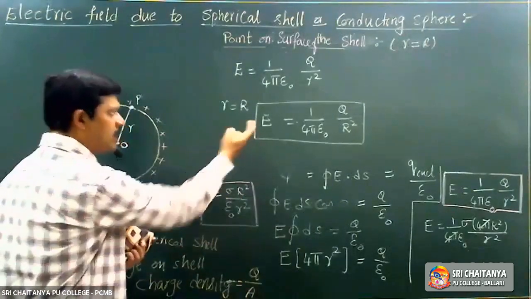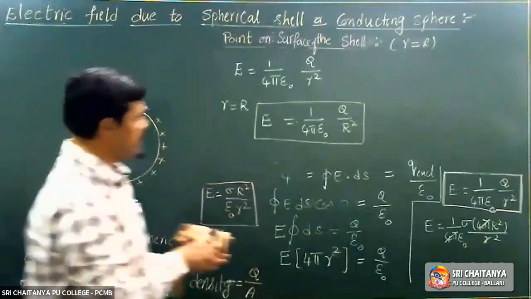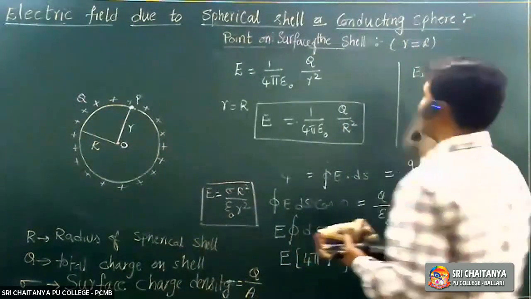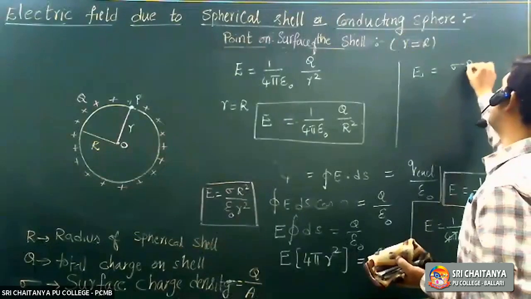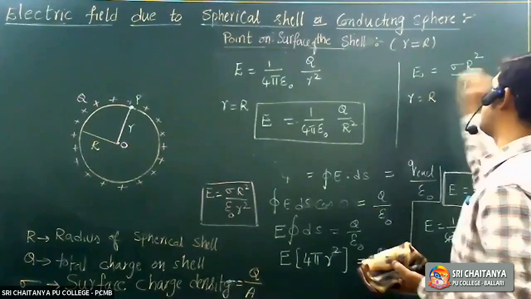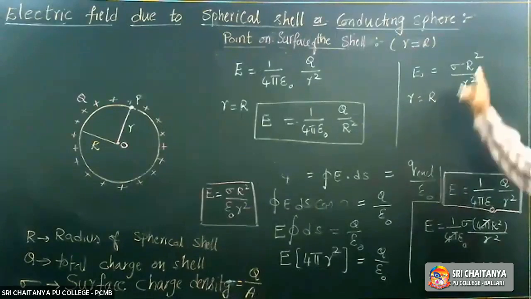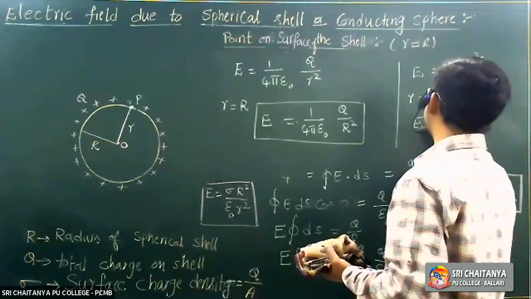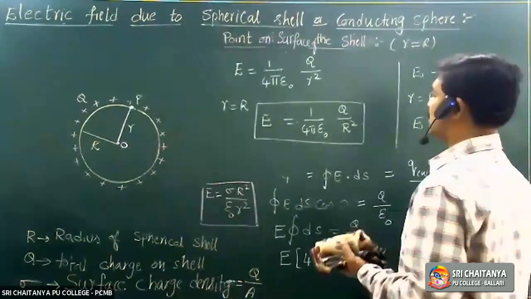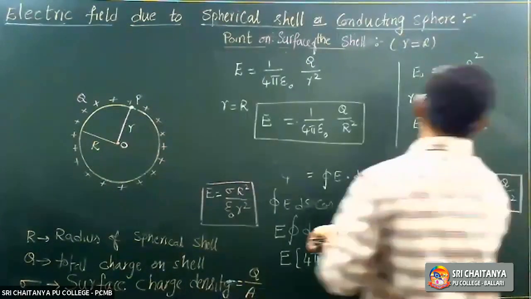What is E on the surface in terms of surface charge density? See here, for the surface charge density formula, what do you have? Outside point, E is equal to sigma capital R square by epsilon naught small r square. Whenever the point is on the surface, take capital R equal to small r. Then E is equal to sigma r square by epsilon naught r square, which cancels.